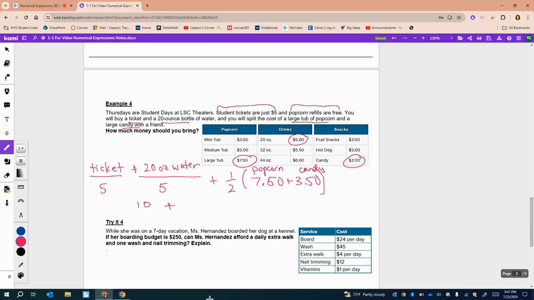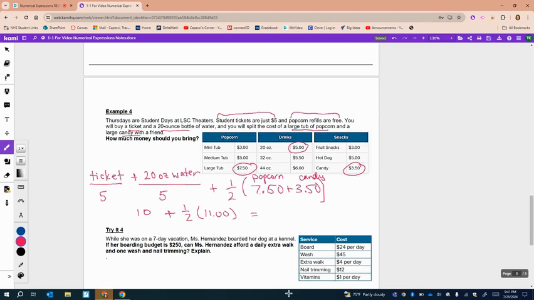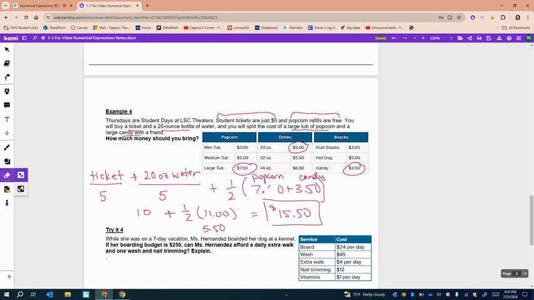And then half, this is going to give us $11, when we add $7.50 and $3.50. And then when I combine all of that, this is going to be half of $11 is $5.50. So I need to bring $15.50. All right, just make sure that looks like a 5 there.